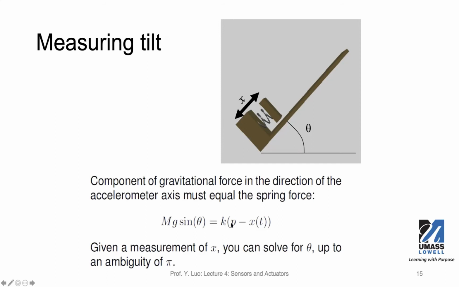That's the same as the first equation that we saw earlier, which is the spring constant times the neutral position minus the current position, so the displacement from the neutral position. So given a measurement of this x, which we can get in some way, and if you know this displacement, this distance, you can then solve this equation to find out theta. And there's ambiguity of pi because you may tilt this way or the other way. So there's some ambiguity possible.